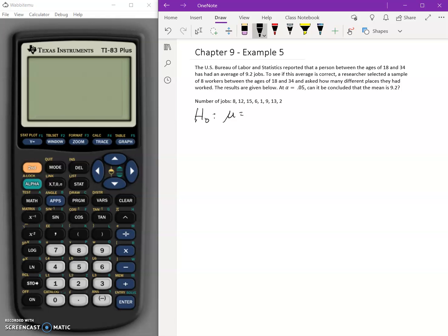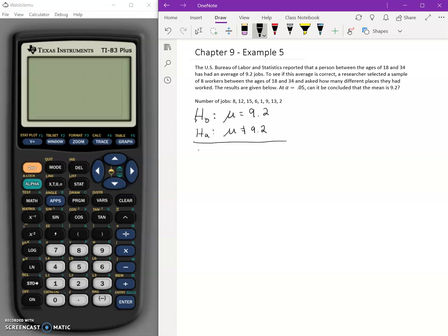So our mean is going to be equal to 9.2, meaning our sample is not any different than the whole population. For our alternative hypothesis, we're wondering, is it going to be different? We just asked, is this average correct or is it different from it?